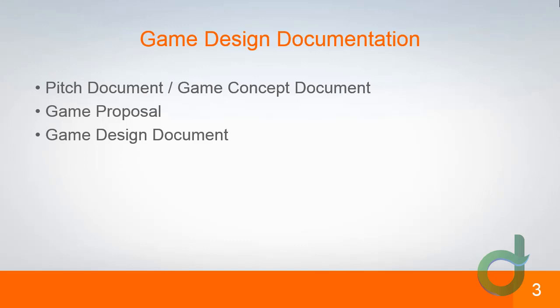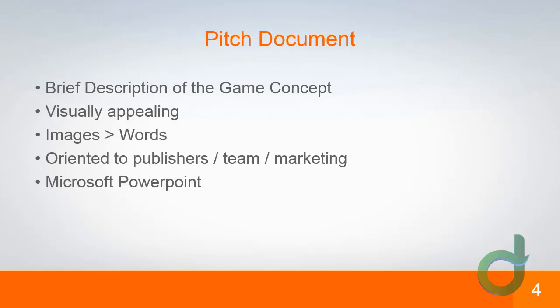After that, you have the game proposal, which is oriented to business, and it has a more direct approach to deadlines or to commercial success of your game, and so on. And after that, you'll have the game design document, which is probably the most used document. And there are different types of documents inside game design, but we'll get into that later.